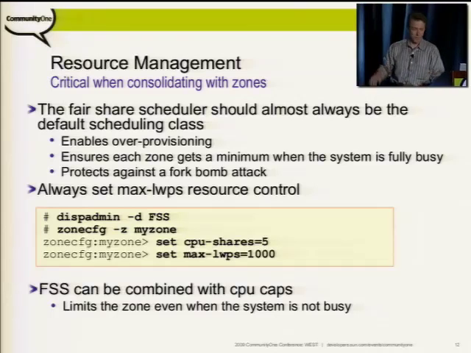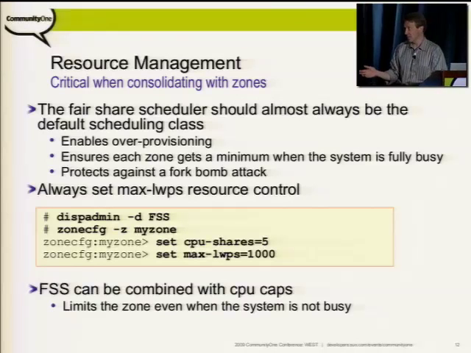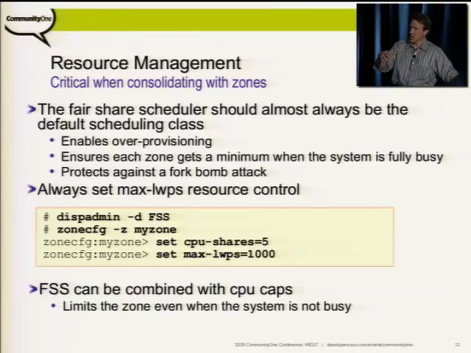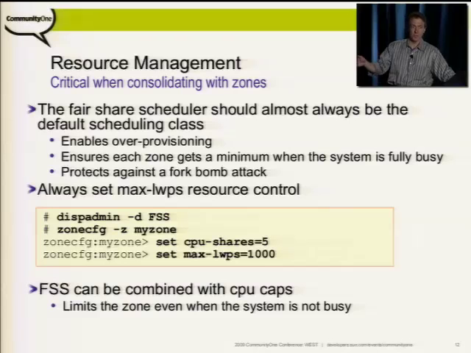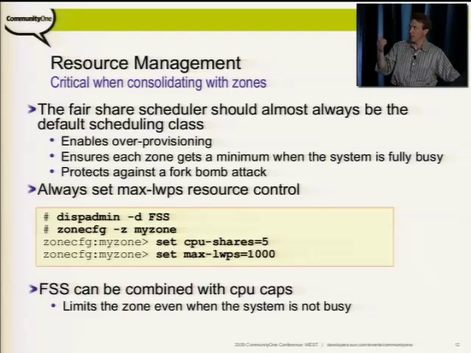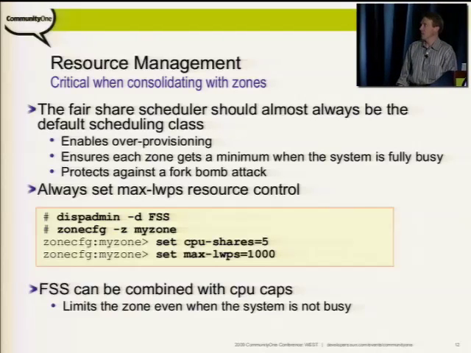You could also use CPU caps to set user expectations. If you know you're going to be consolidating more onto that system later on, and you don't want your users to get used to a lightly loaded system because it'll be more heavily utilized later, you could use CPU caps to artificially limit the performance of a zone in that way.